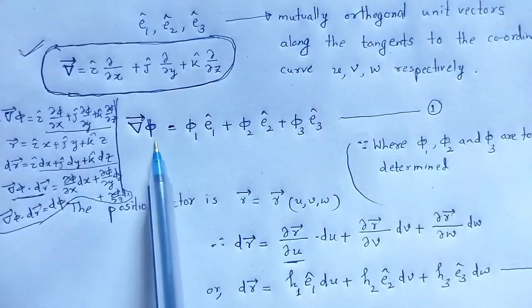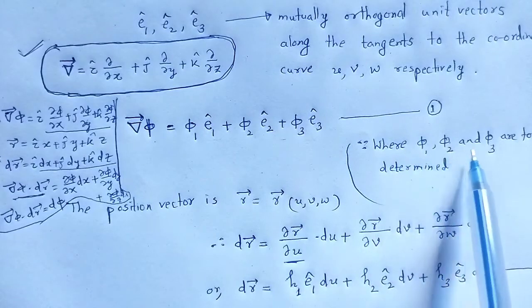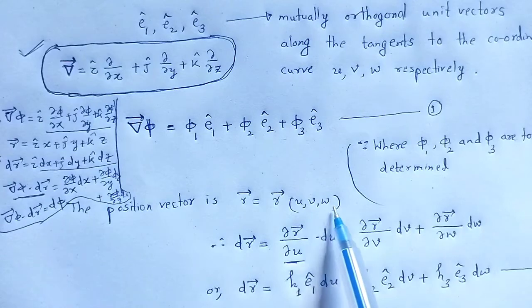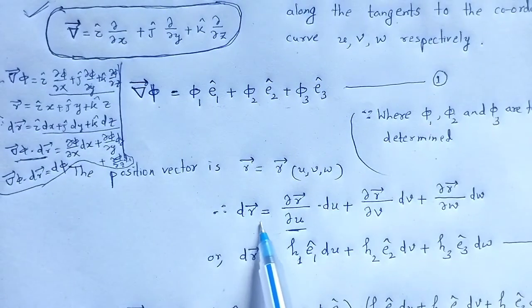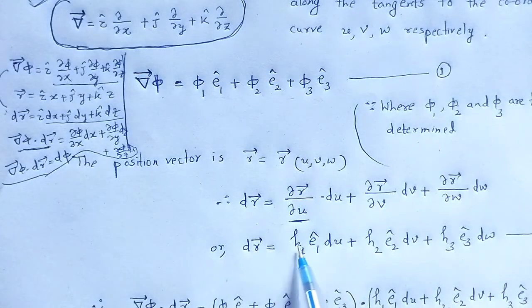Then we write grad of phi in terms of phi 1, phi 2 and phi 3, to be determined. Then the position vector r is a function of u, v and w, and the total differential dr, in place of del r by del u, is h1 e1 cap into du.